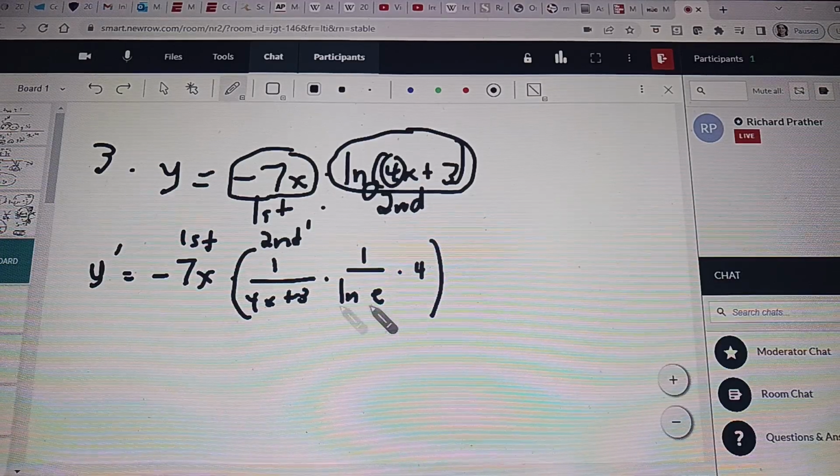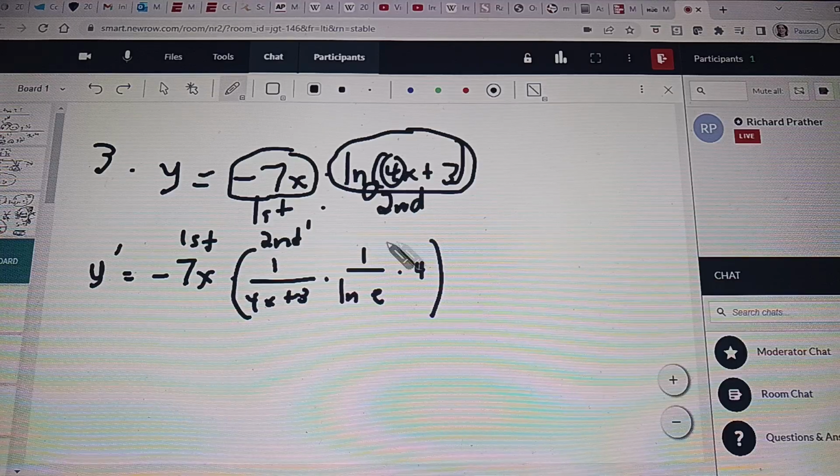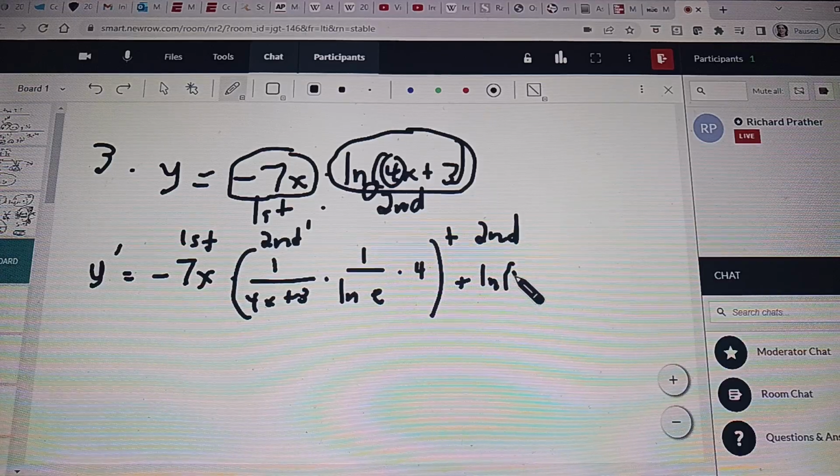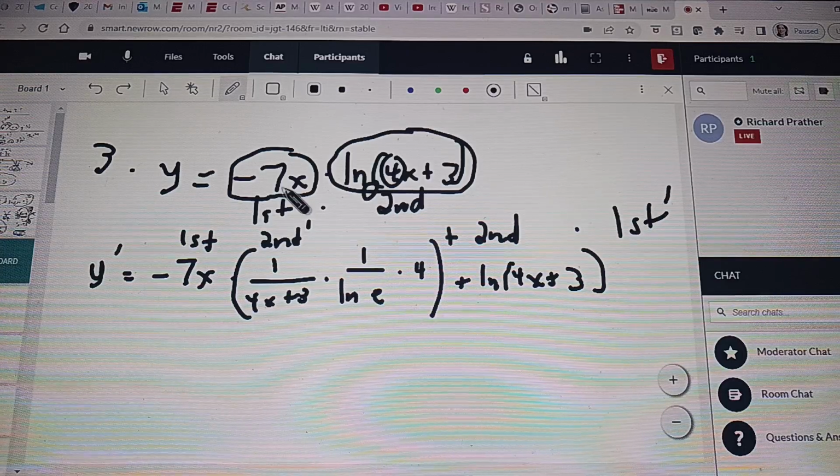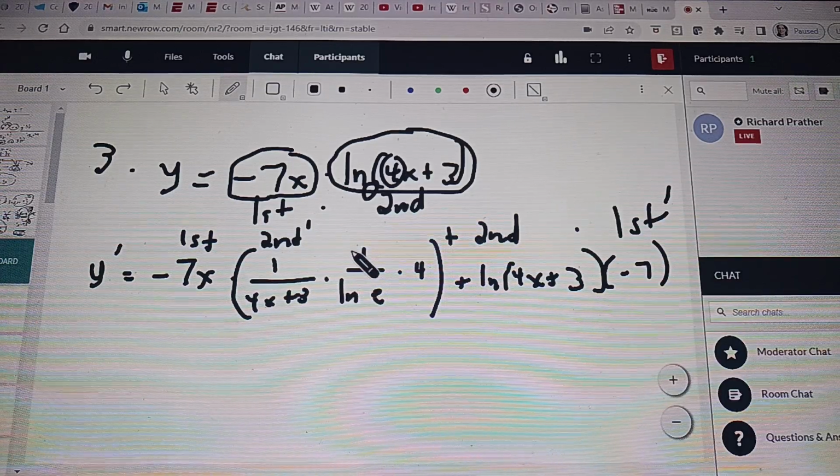So this big parenthesis, this is still derivative of the second. Plus second times the derivative of the first. The first is a linear function, so the derivative of that is the slope in front, -7. 1 over ln of e equals 1, so that doesn't matter.